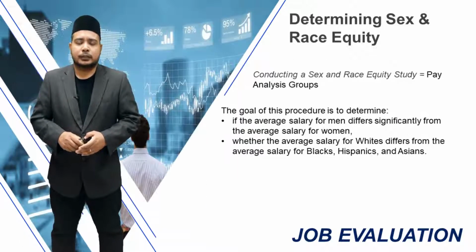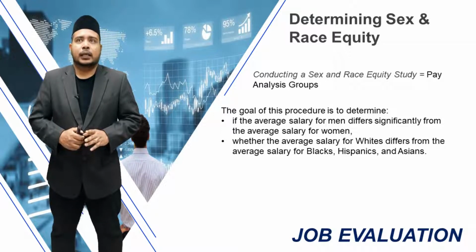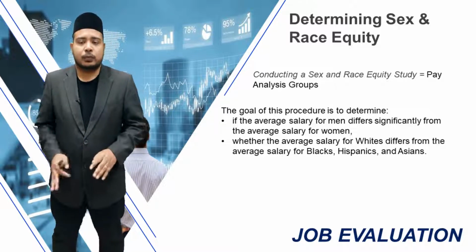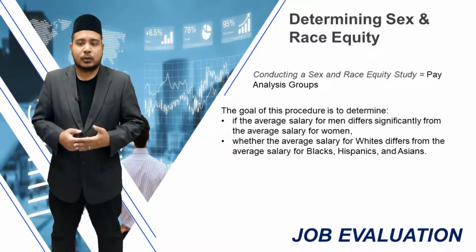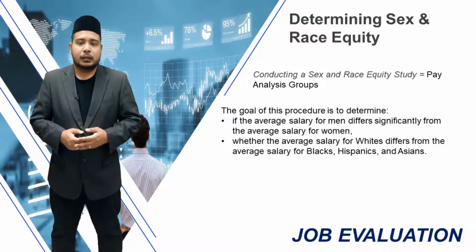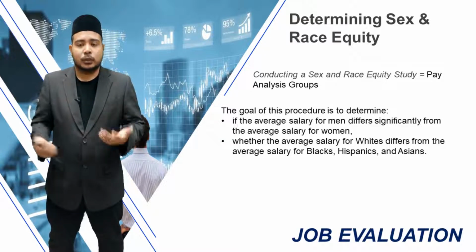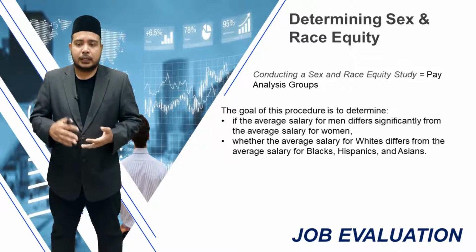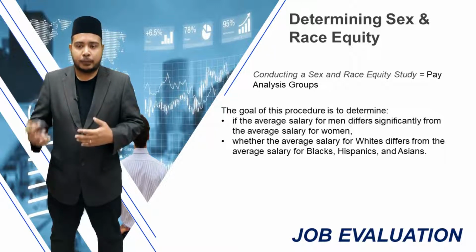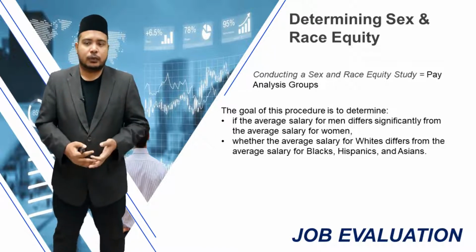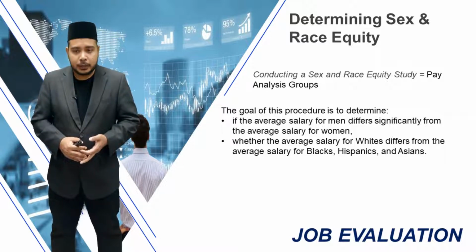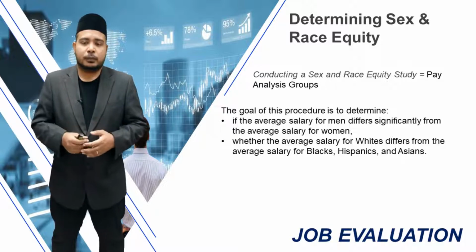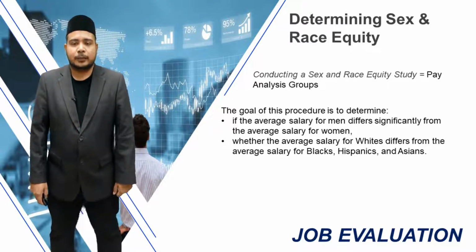So in order to make sure that we are not doing injustice, regardless of whether it is to male or female workers, we can conduct a sex and race equity study or pay analysis. The goal of this procedure is to determine if the average salary for men differs significantly from the average salary for women, and whether the average salary for whites differs from the average salary for blacks, Hispanics, and Asians.